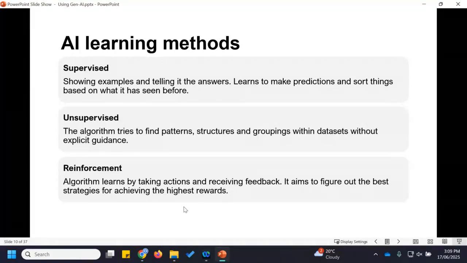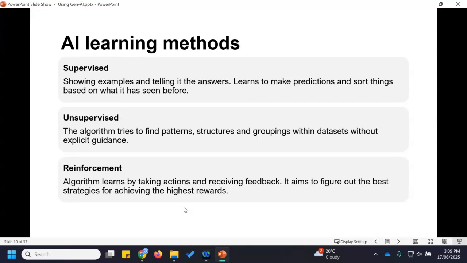So unsupervised is another method. The algorithm finds patterns, structures, and groupings within data sets without explicit guidance. So we're not necessarily saying, here, look at this cat. We're giving it multiple pieces of information and we're grouping them, but we're not telling the AI explicitly what these things are.